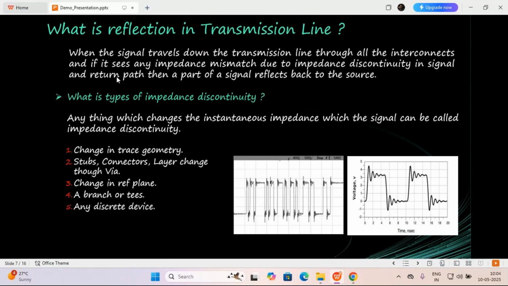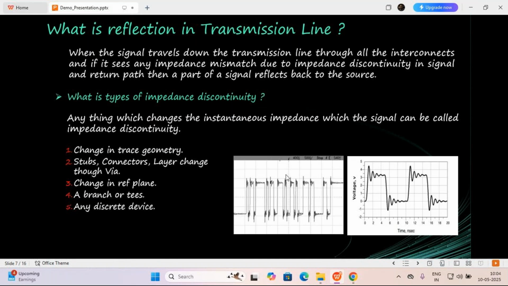So V equals IR, my R is increasing and the voltage will also increase. Suppose we were sending a 3.3 volt signal. Now since my trace is going thinner, my impedance will also increase, and then we will see a rise in the voltage. So the 3.3 volt signal will not stay 3.3 volt, it can shoot up to 4.5.